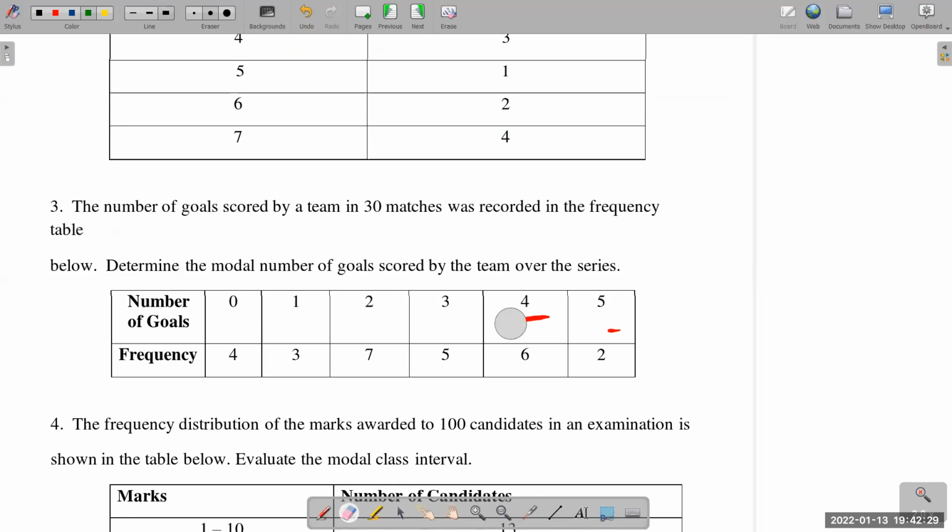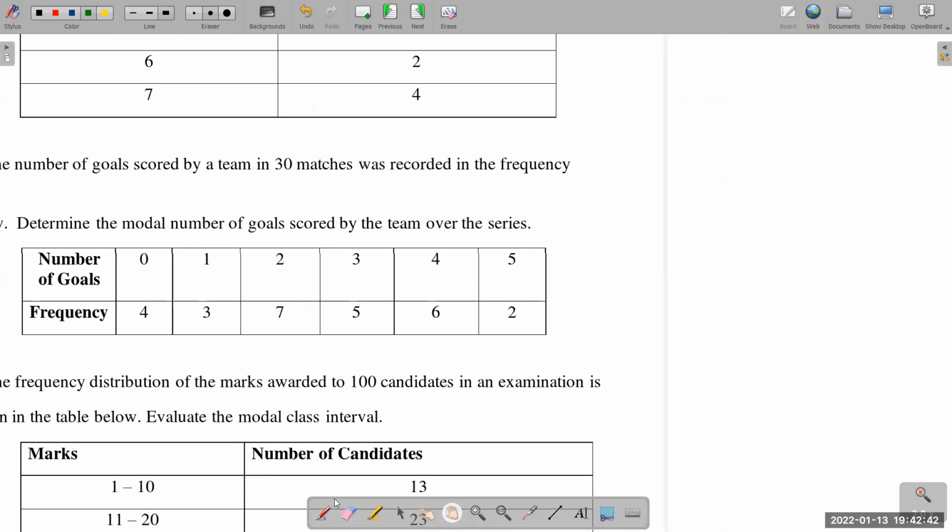We keep it going. All CXC questions. I'll let you know you're getting accustomed to this, all of this is CXC questions. So here we see: determine the modal number of goals scored by the team over the series. So talk to me, what's the mode?